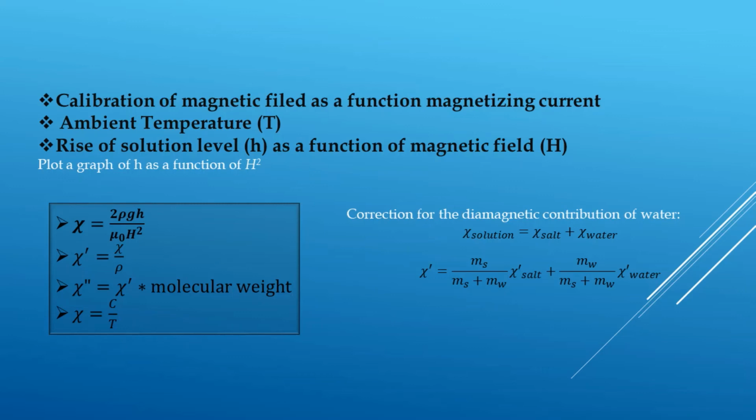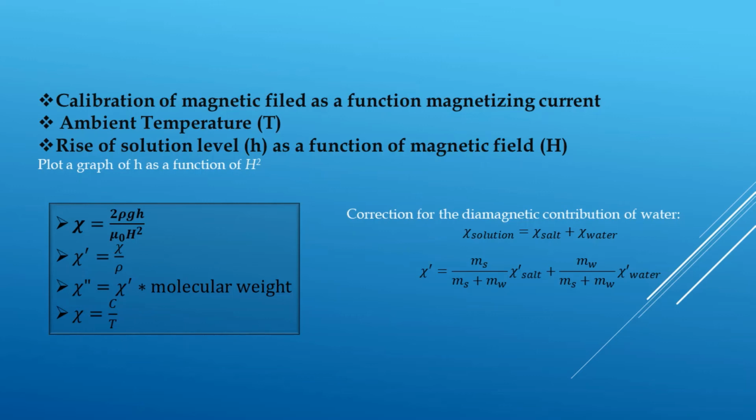So we'll increase the current, and we'll observe the rise in the solution level, and we'll have the value of the magnetic field corresponding to that particular current from the calibration.